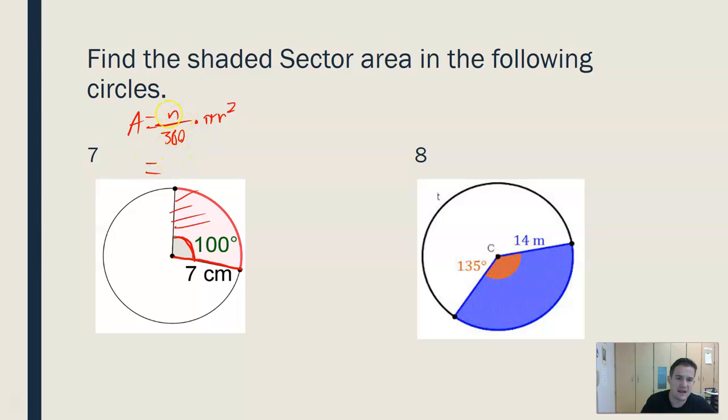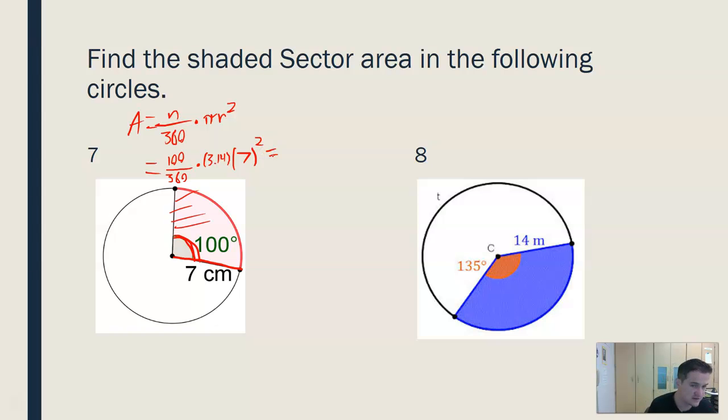Well, my angle here that's separating these two radiuses is 100. So 100 divided by 360. That's going to be the fraction of the circle that the sector takes up, multiplied by pi times r squared, or times 7 squared.